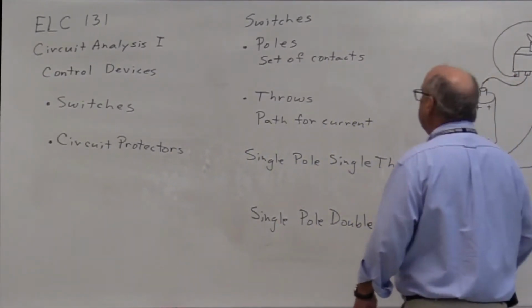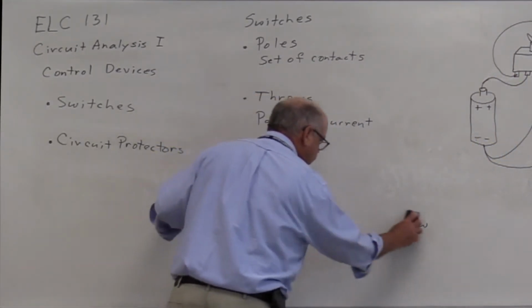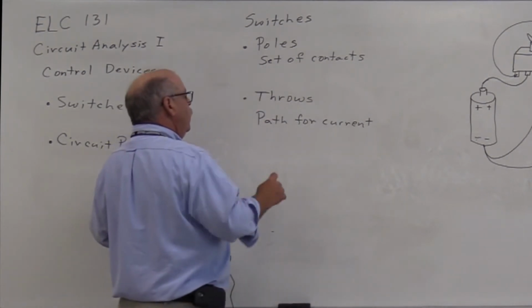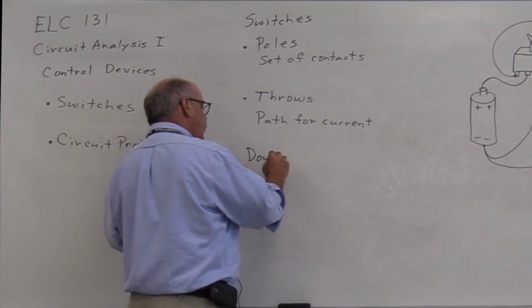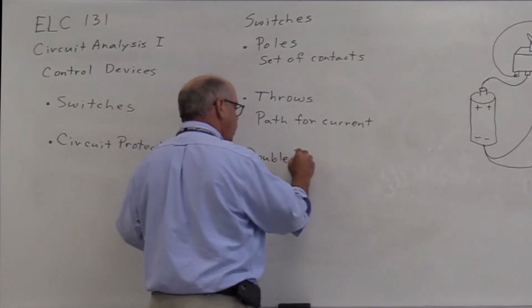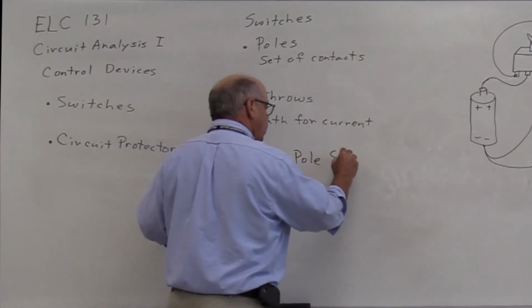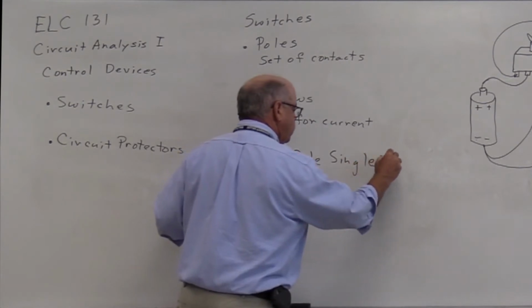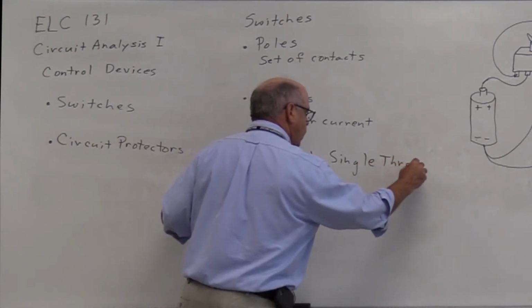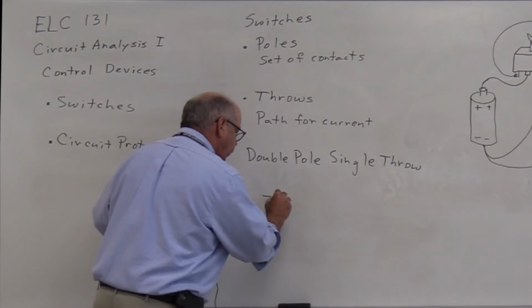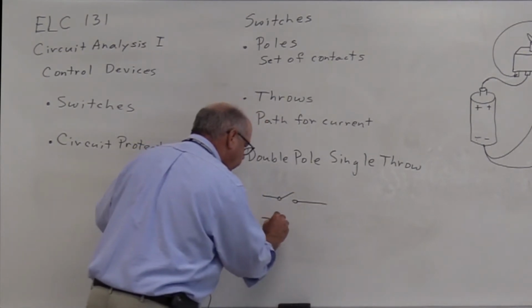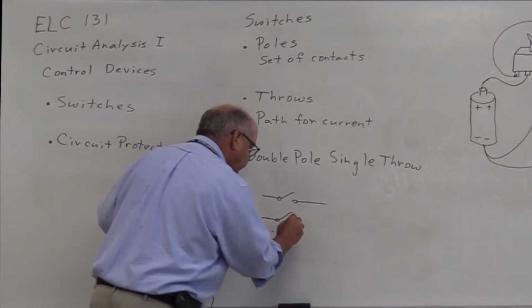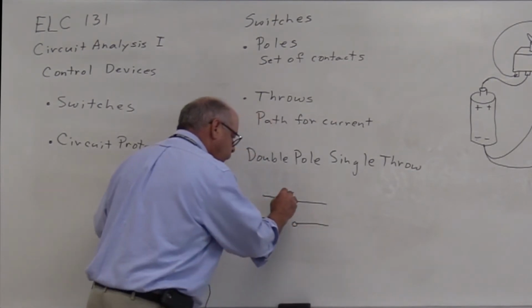Now, we can also have double pole switches. So we would have a double pole, single throw switch. And in this switch, we've actually got 2 sets of contacts that are physically connected together.